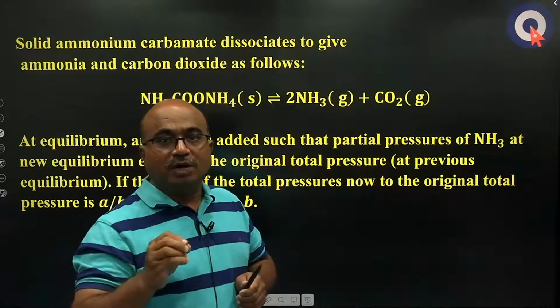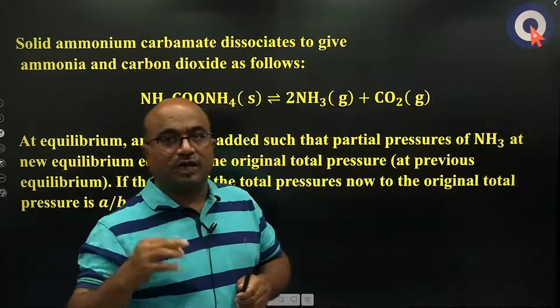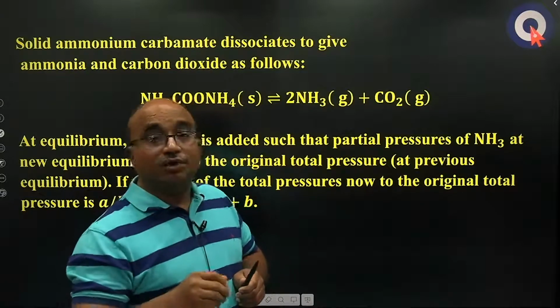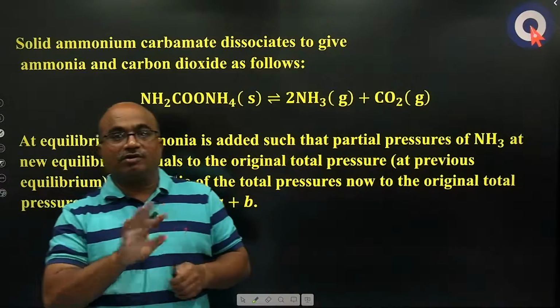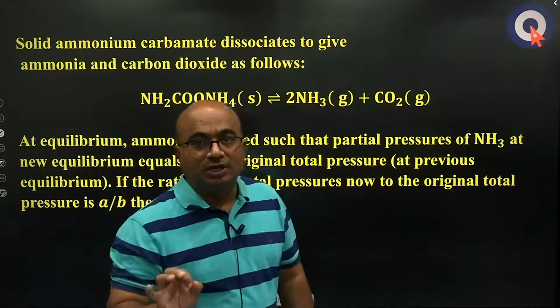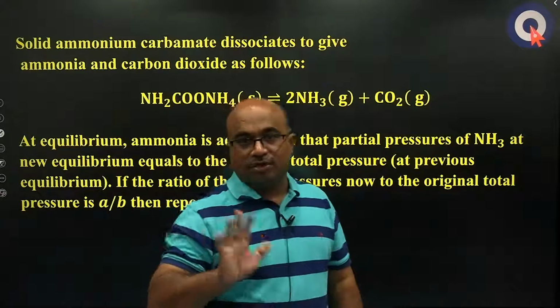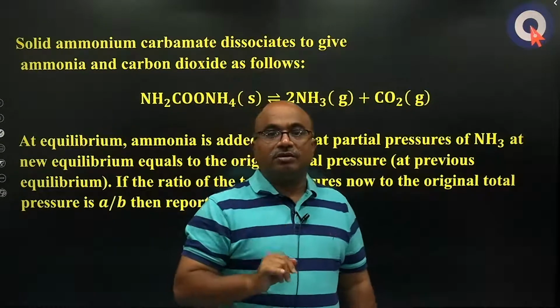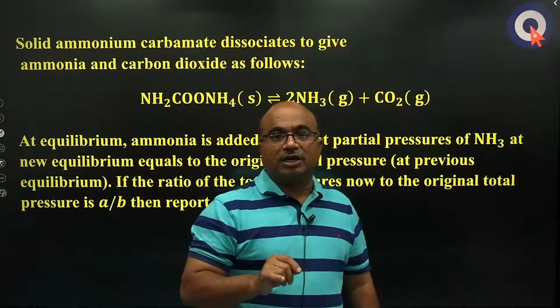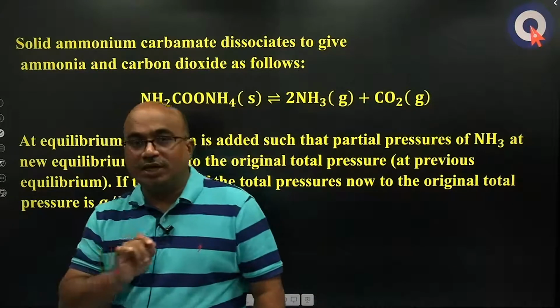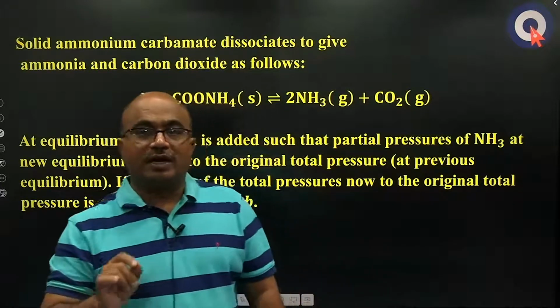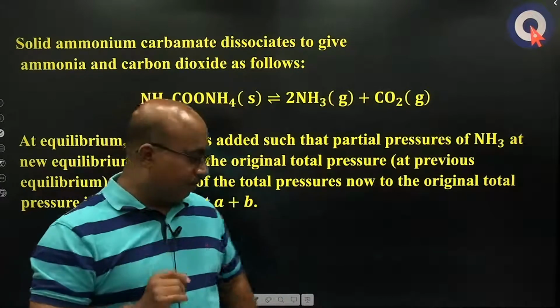So the equilibrium can be affected by different factors like temperature, and introducing inert gas at constant pressure. Whenever you introduce inert gas at constant volume, there won't be any effect on the equilibrium. That you just remember. So only when it is added at constant pressure, it will be affected.